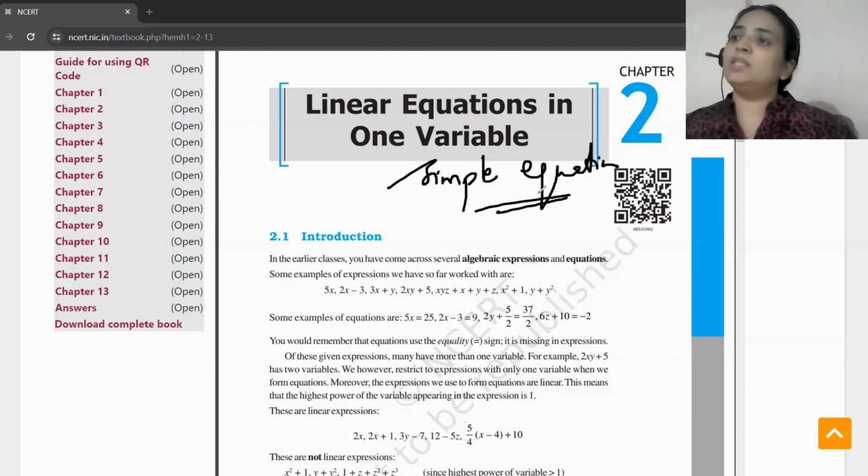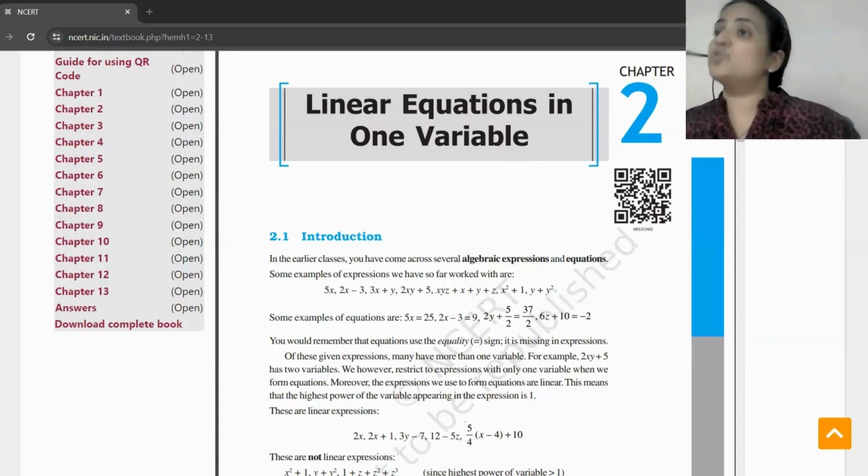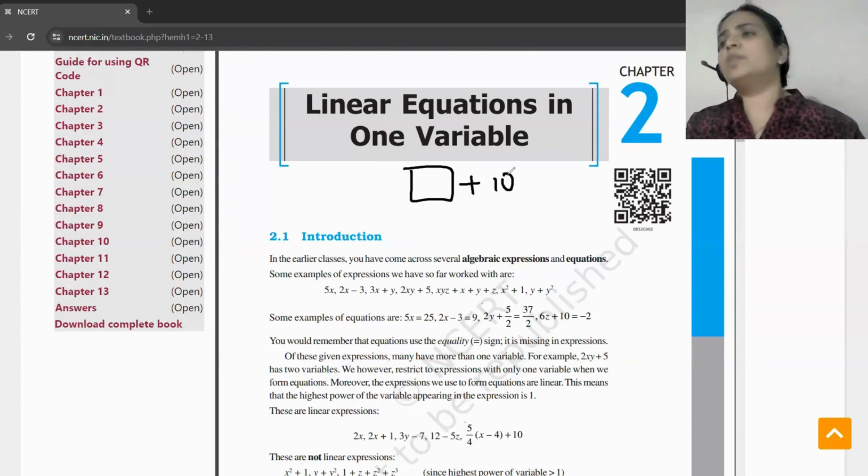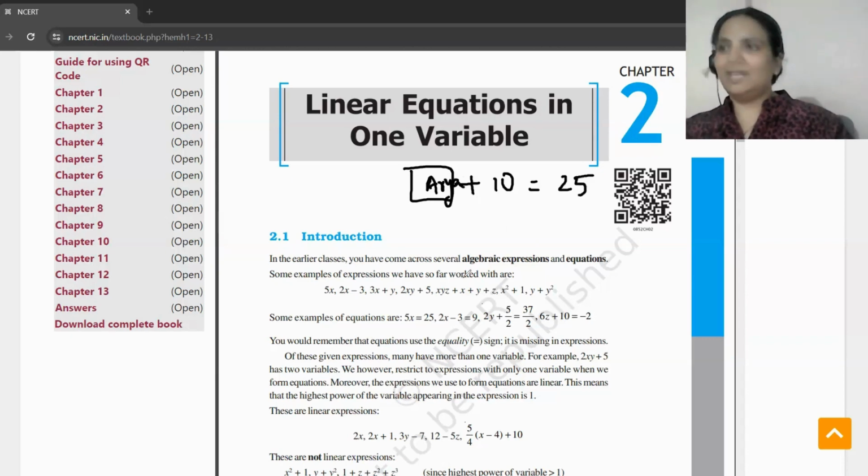In this chapter, the only thing new that you will learn is that there will be sums given in number stories. As in, they'll tell you that Alka ma'am is 10 years more than Arya. So if I want to find out Arya's age, and if I keep Alka ma'am to be 25, I'm always 25.